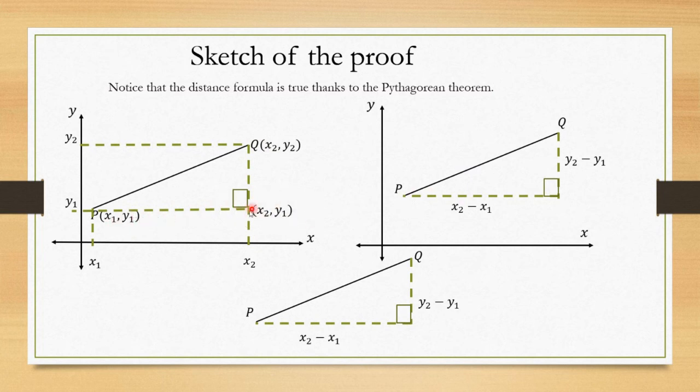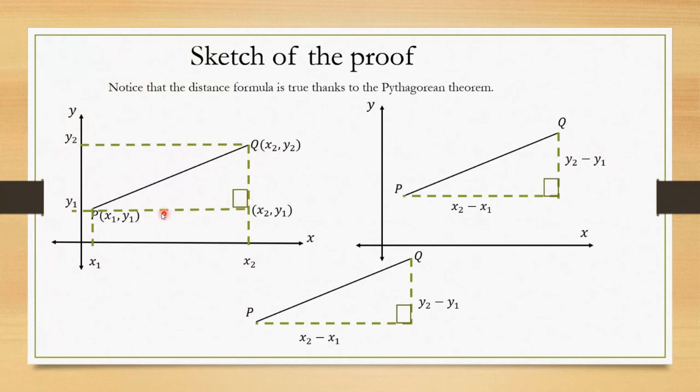So that's what these coordinates are. Why is that good? You can see that we have a right triangle here, and the distance between P and Q is the length of the hypotenuse, the side opposite the 90-degree angle. That's what this rectangle indicates, the 90-degree angle.